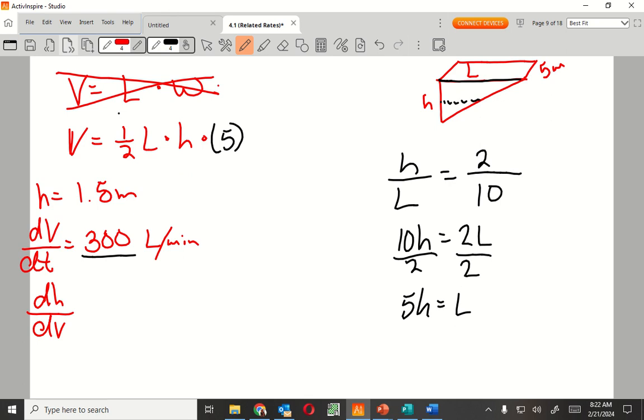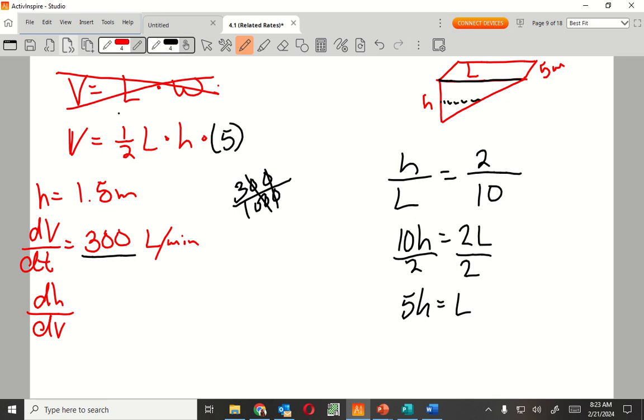And then if I turn that into meters cubed, because my problem only has meters, this would be divided by 1,000. So 0.3, three tenths.